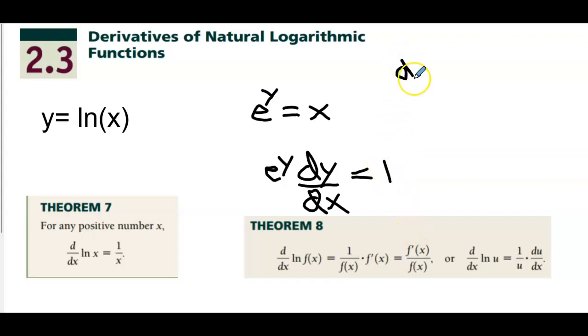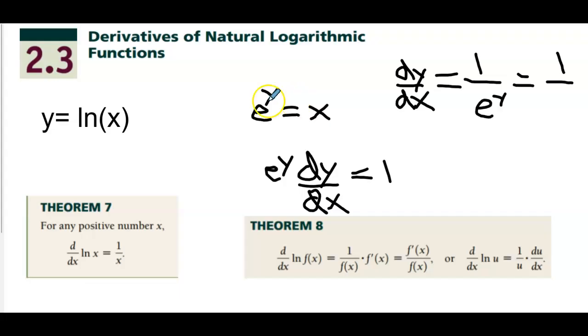Now if we solve for dy dx, we get dy dx is equal to 1 over e to the y. Since we want this derivative in terms of x, we notice that e to the y is x, so we can replace e to the y with x.